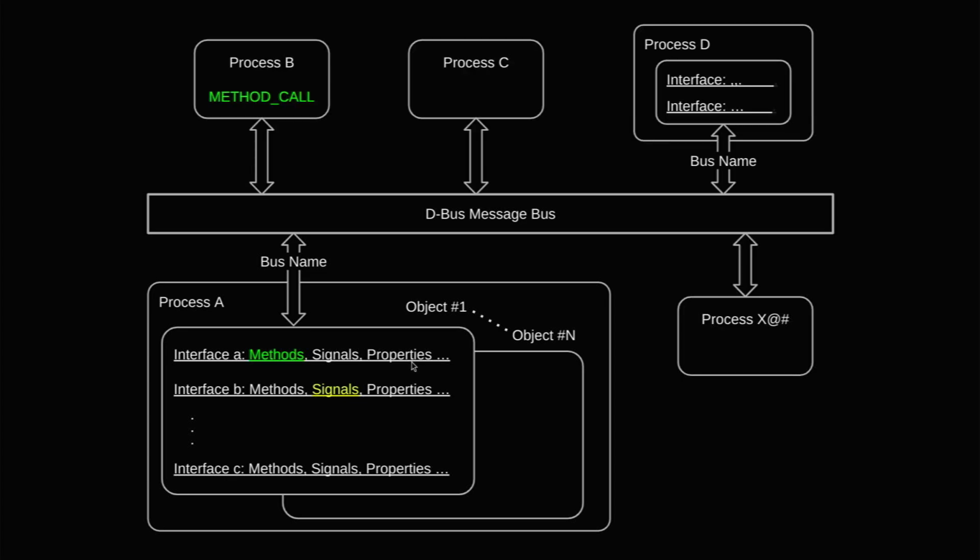Other processes connect to the message bus, and for example, process B sends a method message to process A, and process A catches it and handles it, and it returns a method return message to process B or an error message. Or something happens on process A, it emits a signal and broadcasts the signal, so other processes such as process B and C can catch the signal and handle it.